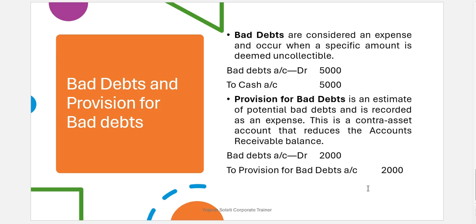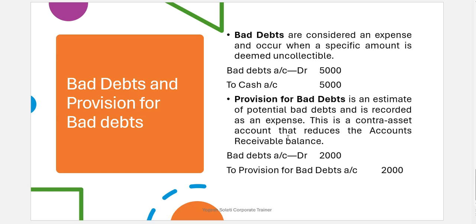Same with provision for bad debts. So what is provision for bad debts? See the difference between provision for bad debts and bad debts. Here the provision for bad debts will be pre-assumed: this much amount will not be recovered, so there are chances of non-recovery. Observe here. Provision for bad debts is an estimate of potential bad debts and is recorded as an expense.